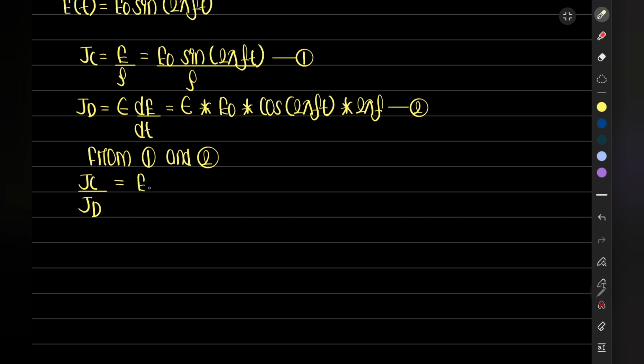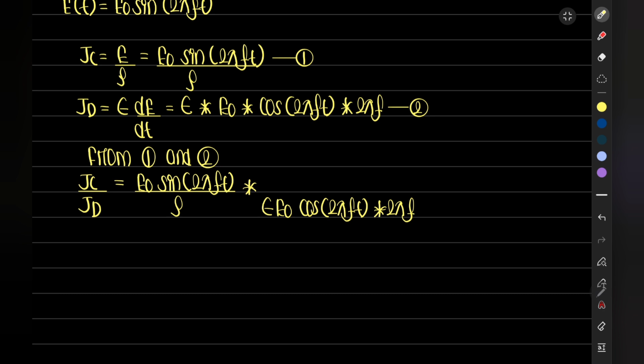So the value of JC we have is epsilon naught sine 2 pi ft divided by rho. Similarly, the value of JD is epsilon into E naught into cos 2 pi ft into 2 pi f. This is the value we have for JD, which we have put here.